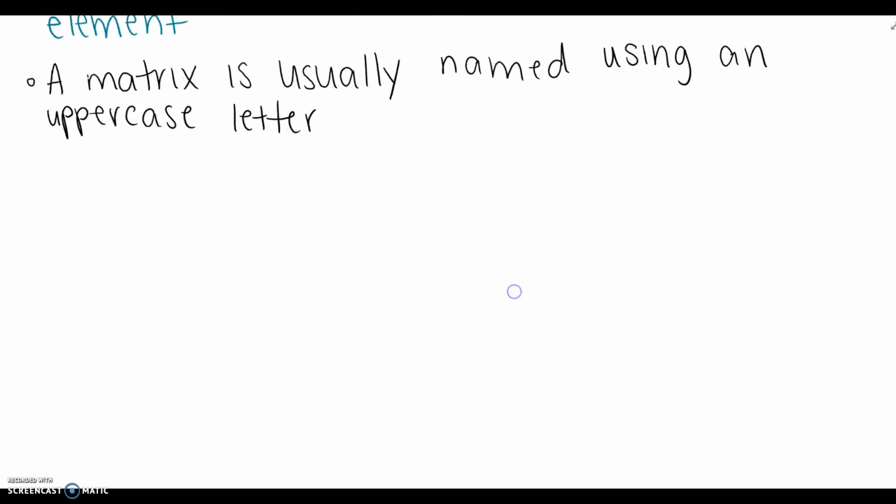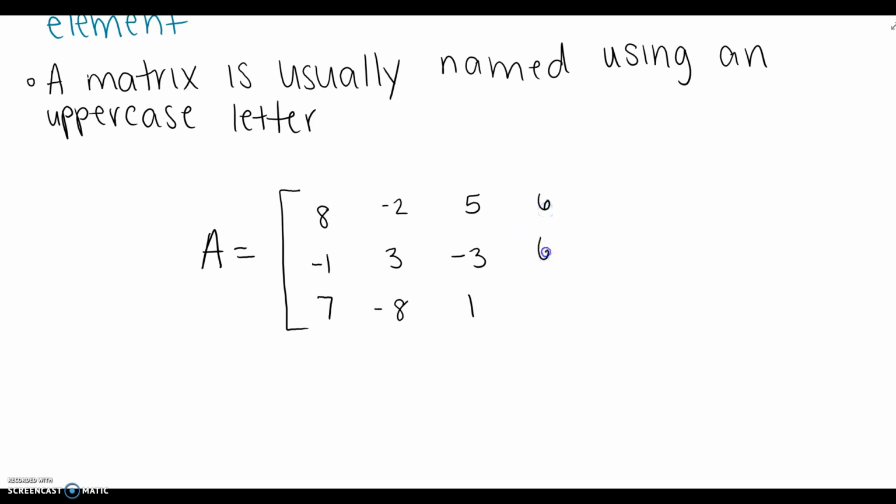So let's do an example of a matrix. So here we have matrix A, a bracket, and then we're going to do 8, -1, 7, -2, 3, -8, 5, -3, 1, and 6, 6, 4.